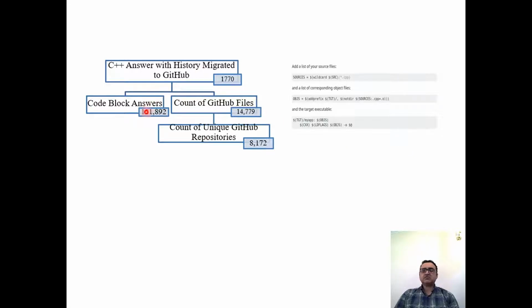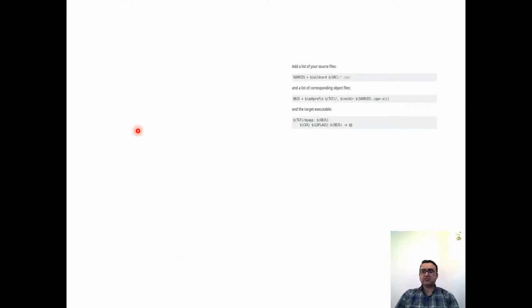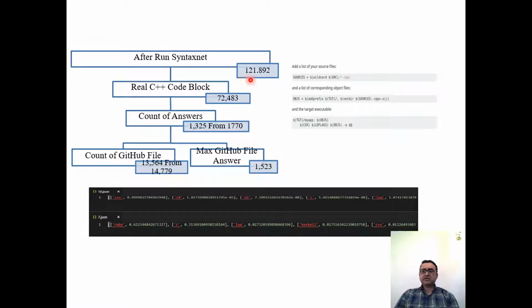Because it stores the history, the 1,700 C++ answers that migrated to GitHub led to 121,000 possible code snippets. But when we checked them, 72,000 of them were actually code. Some of them, like this, were not code. SyntaxNet provides a probability of whether it's C++ or not.